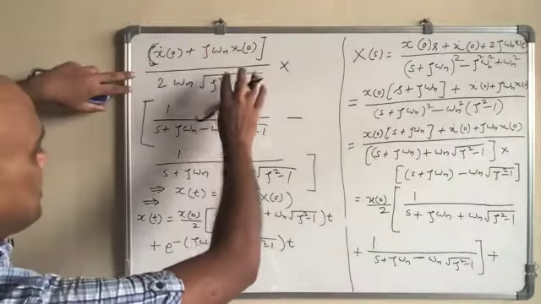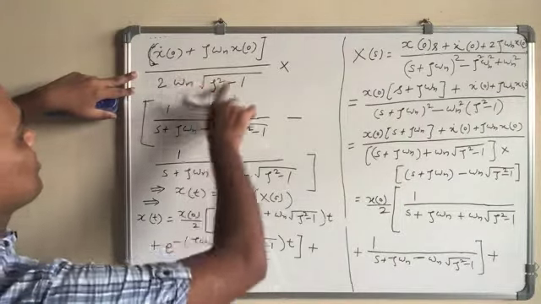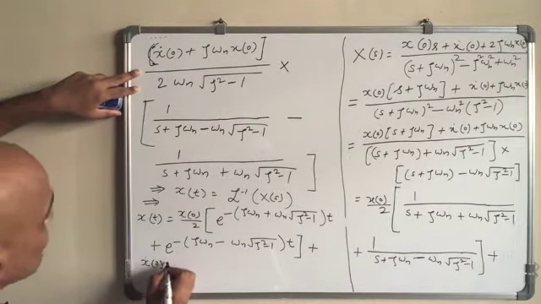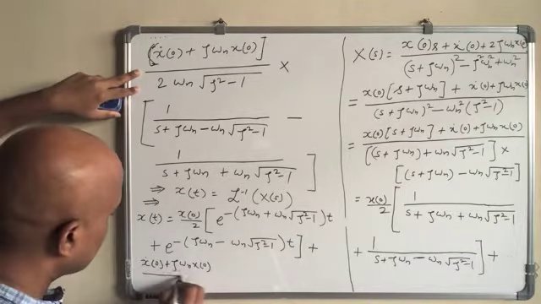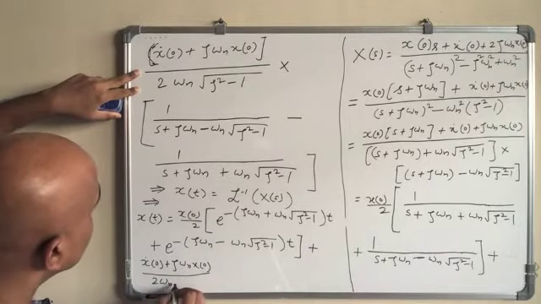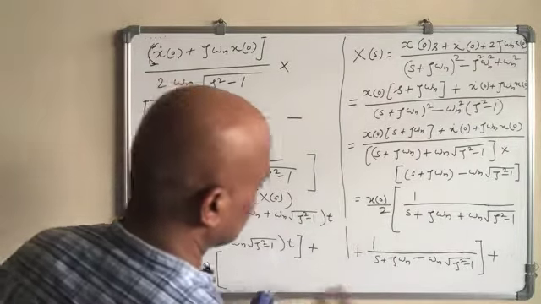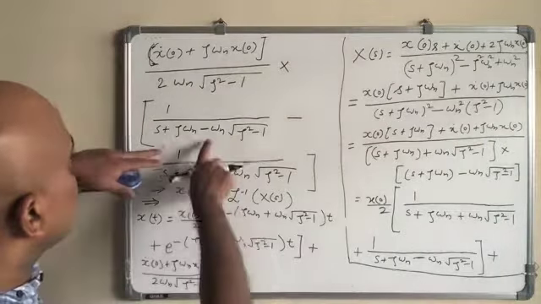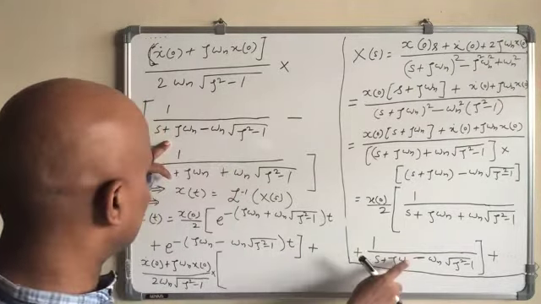Now this part, plus we have to have this one now, so we multiply this one, so we have x dot 0 plus zeta omega n x0 divided by 2 omega n root zeta square minus 1 and multiplied by, okay, and then we will have inverse transform of this one, so 1 over s plus zeta omega n minus omega n root zeta square minus 1, so this term and this term are same, so the value will be same as this one.